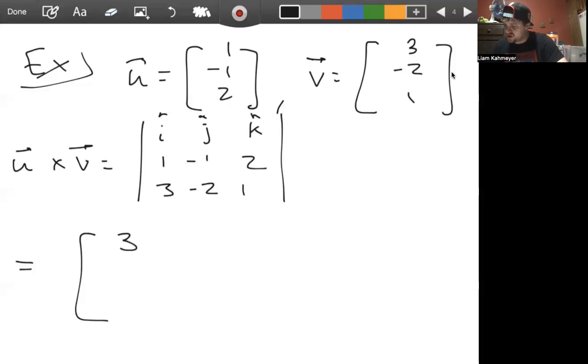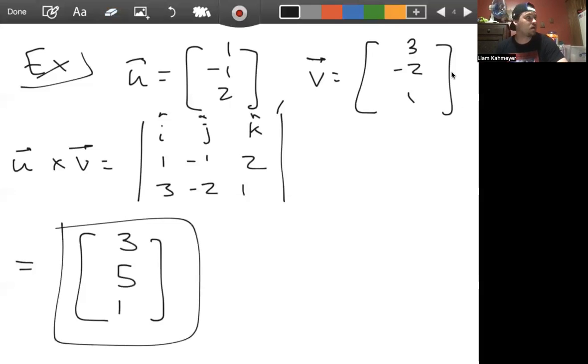And then for j, we have -1 minus 6, so that would be -5, which is +5. And then for k hat, we have -2 minus -3, so we would have -2 plus 3, which should be 1. And so here's an example of computing the cross product.